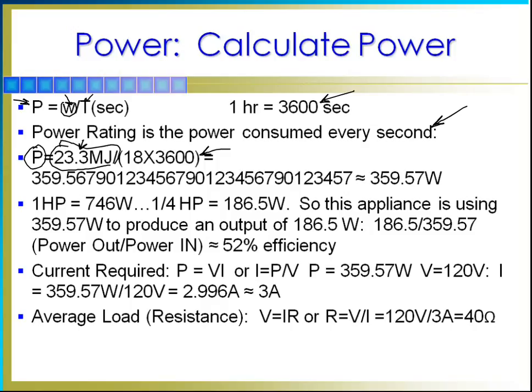So if you do 23.3 megajoules over 18 times 3,600, you're going to come up with a number like 359.567900123, etc., or approximately 359.57 watts.